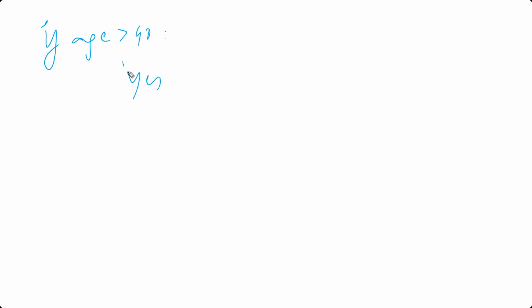First, you have to write the condition. How to write in Python, guys? In Python, if age is greater than 40, yes, else no. This is Python code.